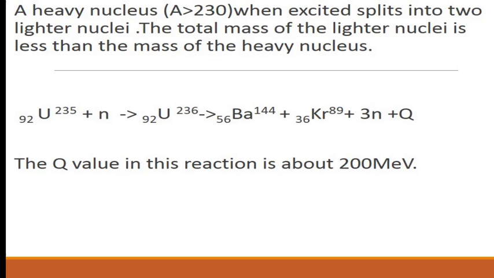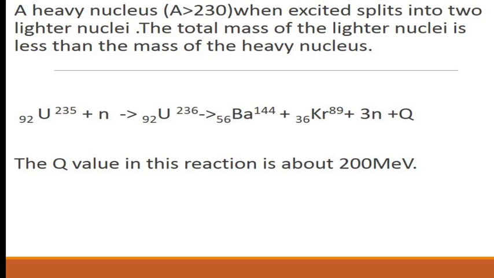So here you can see the equation of nuclear fission, that is a uranium nucleus 92-235 bombarded with a neutron forming uranium 92-236, which is in an excited state, and undergoes nuclear fission forming barium and krypton along with the emission of 3 neutrons and energy.